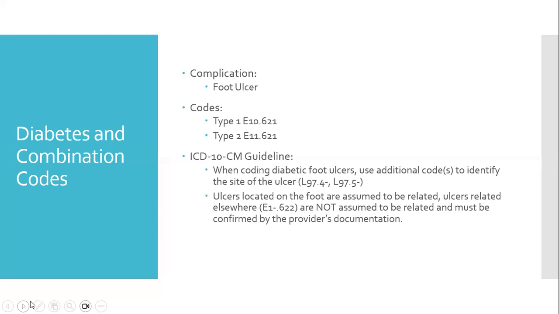We have to have that confirmation from the provider's documentation. So just remember that when you see foot ulcers, it's assumed, but if it's an ulcer in a different location of the body, say for instance, one that's on the sacral area, it is not assumed. Your provider has to tell you that it is related to the diabetes for you to code as such.